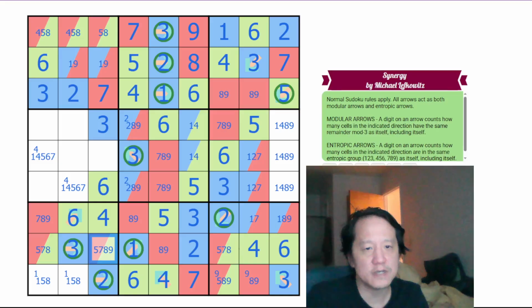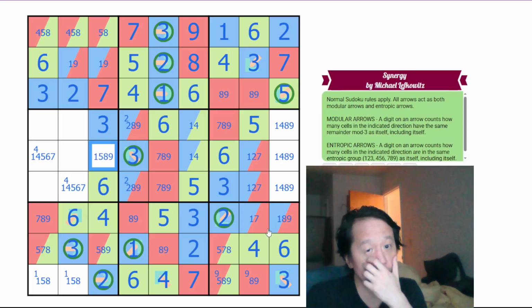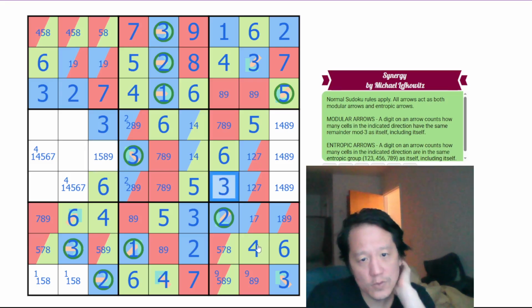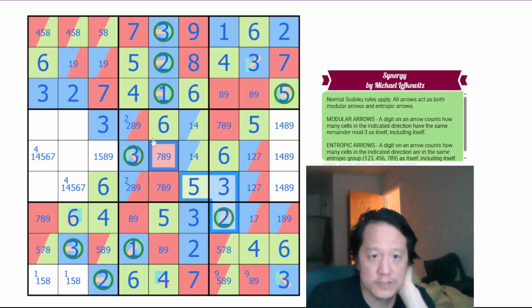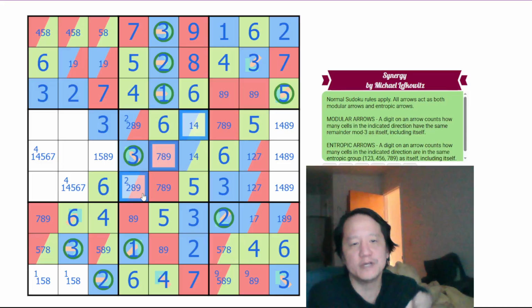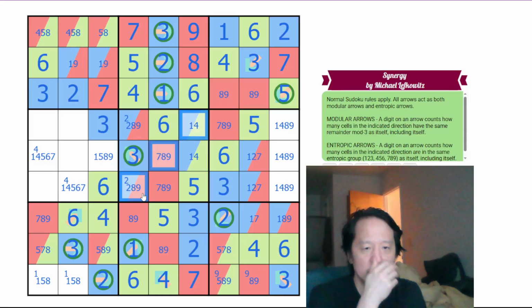Seven eliminates 7 here. Remaining digits in column 3 are 1, 5, 8, and 9. Okay, so we have just this and this. We have 2 3s. We do not have another 3 on this, so we need one that satisfies entropically.